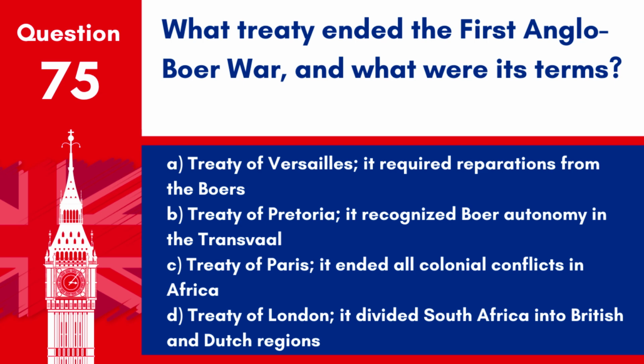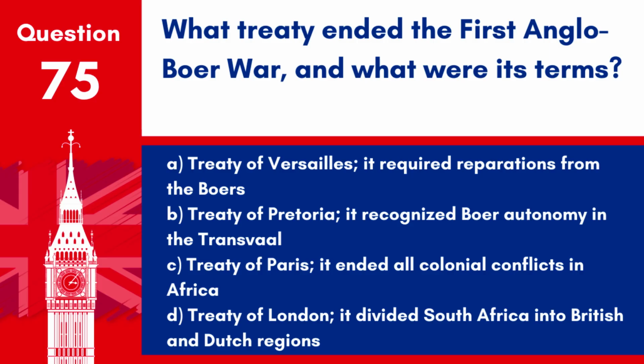Question 75. What treaty ended the First Anglo-Boer War, and what were its terms? A. Treaty of Versailles. It required reparations from the Boers. B. Treaty of Pretoria. It recognized Boer autonomy in the Transvaal. C. Treaty of Paris. It ended all colonial conflicts in Africa.